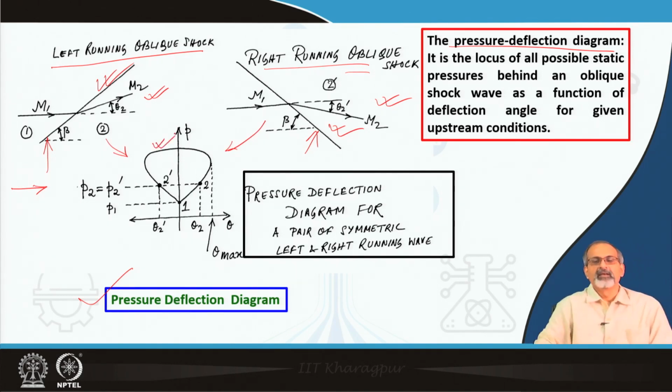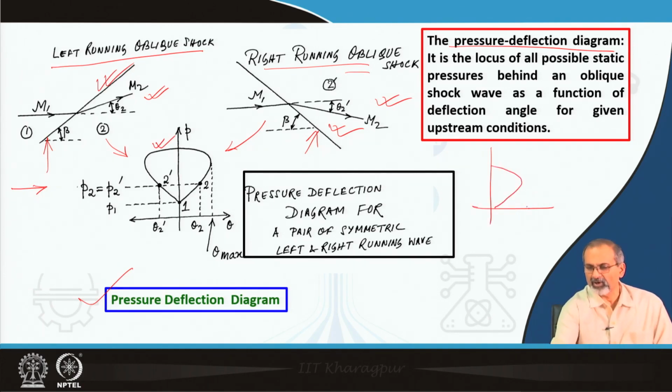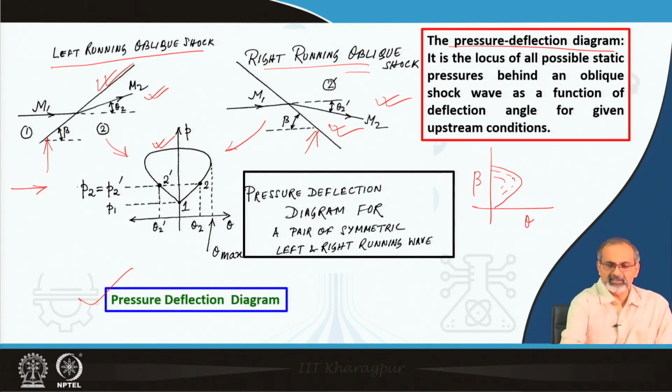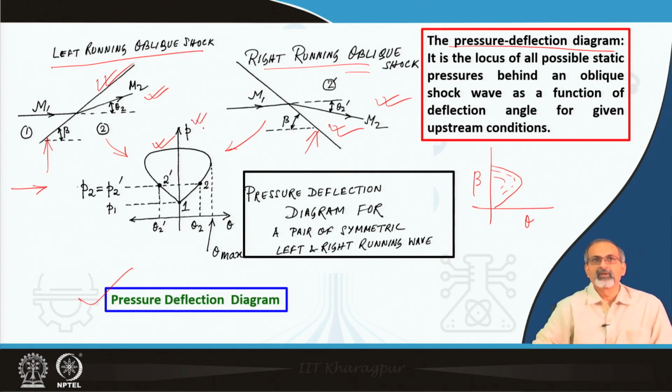It has a kind of lobe-like structure, somewhat similar to the theta-beta-M plot that you learnt about earlier. For different Mach numbers, you had plots looking like this, and that is analogous in the sense that if you have higher theta, you are talking about higher beta, and correspondingly higher pressures. So, there is some kind of analogy between the two.